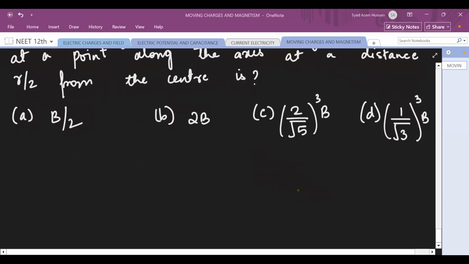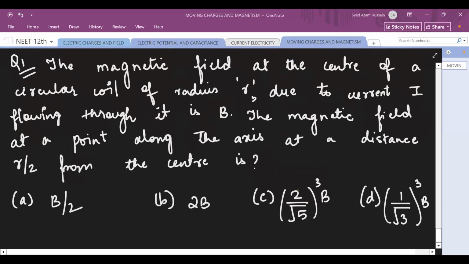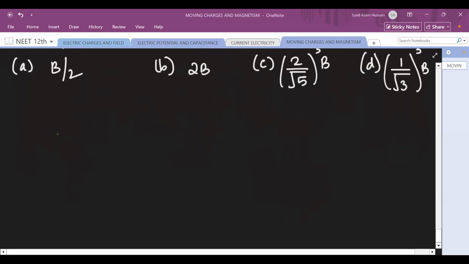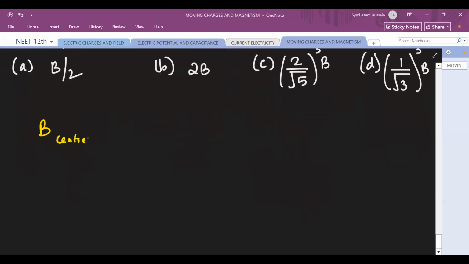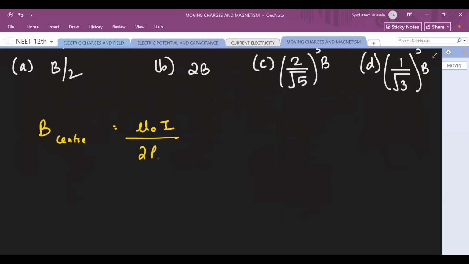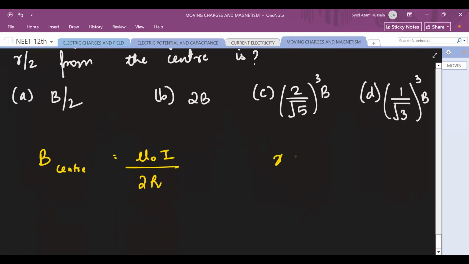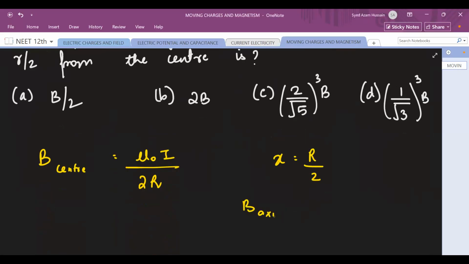See, first it says the magnetic field at the center of the circular coil. At the center of the circular coil, that is mu naught I divided by 2r. Then it says at the axis at a distance of r by 2, means the value of x is given as r by 2. And what's the formula at the axis?